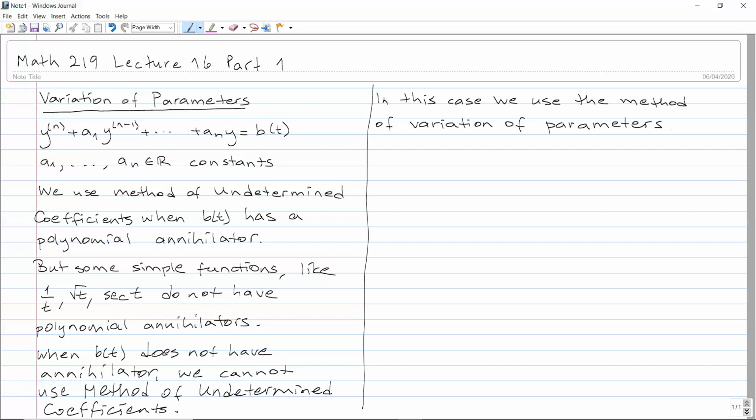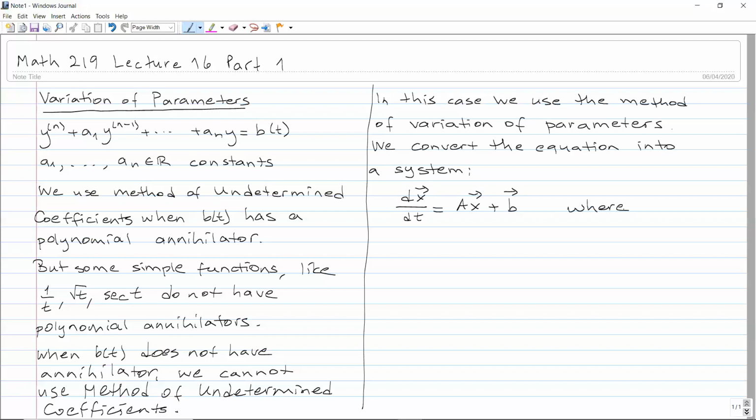Okay, so to explain how to use this method, we need to convert our equation into a system first. So the non-homogeneous system is dx/dt equals matrix A times x plus vector B. Now, how do we do this?